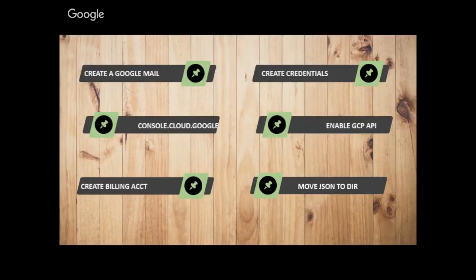The last step is, after you've created your key access, you have to enable the API on the Google Cloud console. When you are done, you can move your private key to your particular folder or directory, wherever you want to keep it. Of course, you always know that if you create a private key, you should not share it with anybody. You need to keep it within your system.